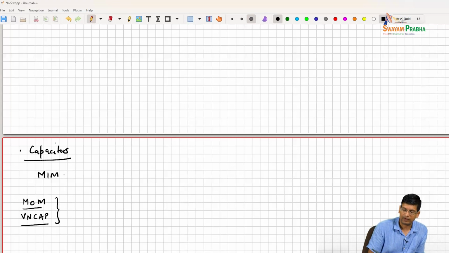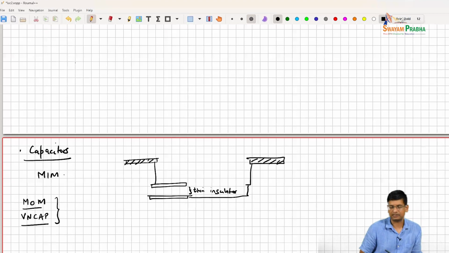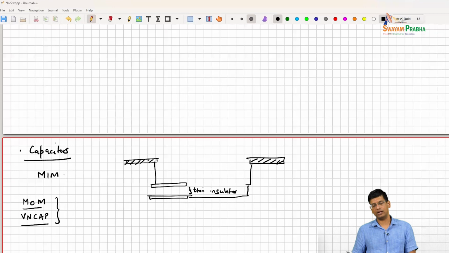With MIM, the idea is that you usually have a separate metal layer with an extremely thin insulator, and then you make contact to it in your metallization. So this is a metal insulator metal capacitor.